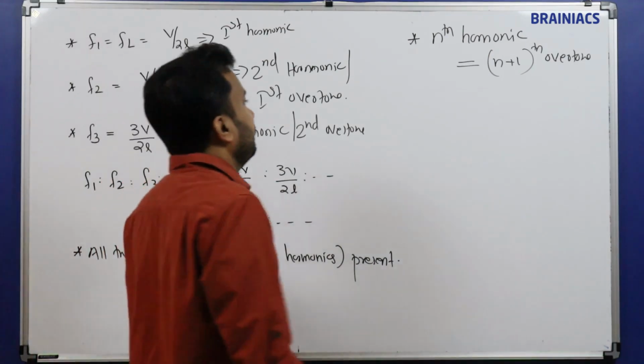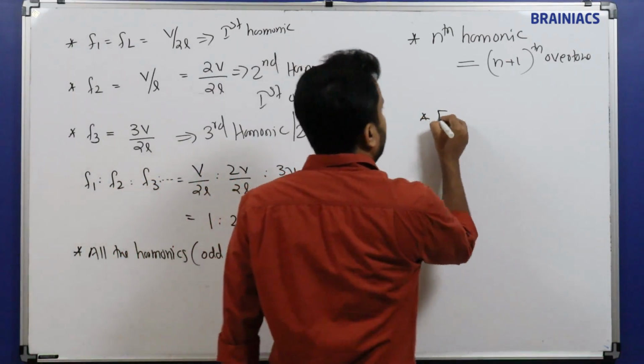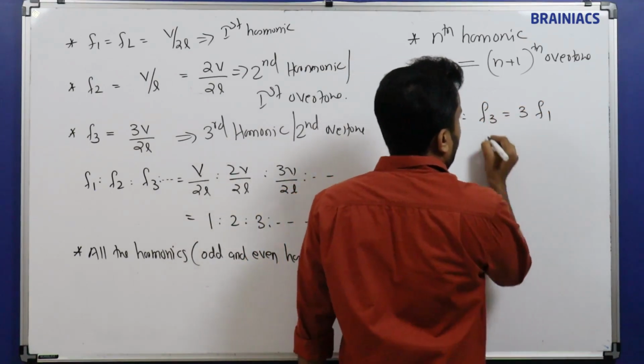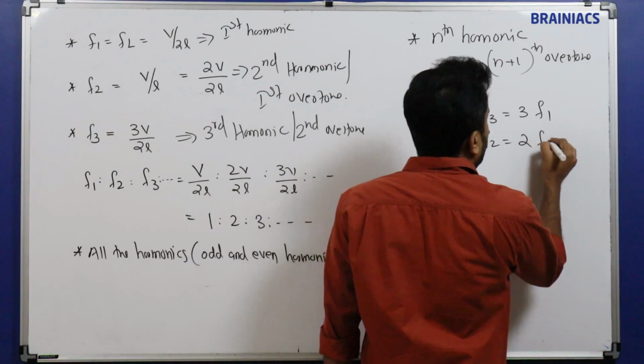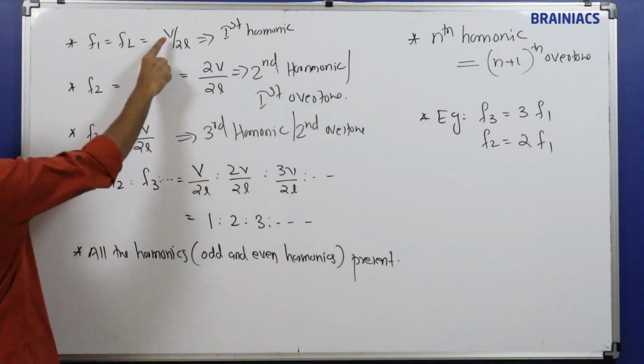Now, taking F3 as an example: F3 is equal to 3 times F1, F2 is equal to 2 times F1, correct? F1 means V by 2L. F3 is 3V by 2L.